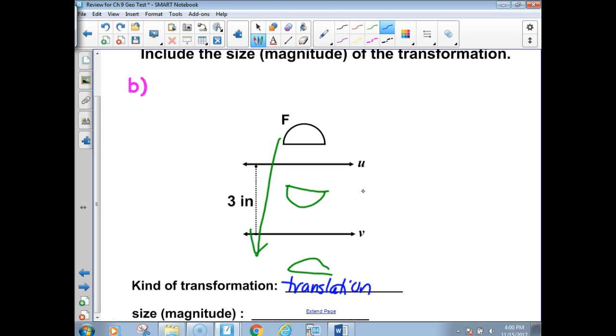How far is it? It would have gone twice the distance between the lines. So it would be 2 times 3, which is 6 inches. So going from that first figure to the last one would be 6 inches of a slide, or translation.